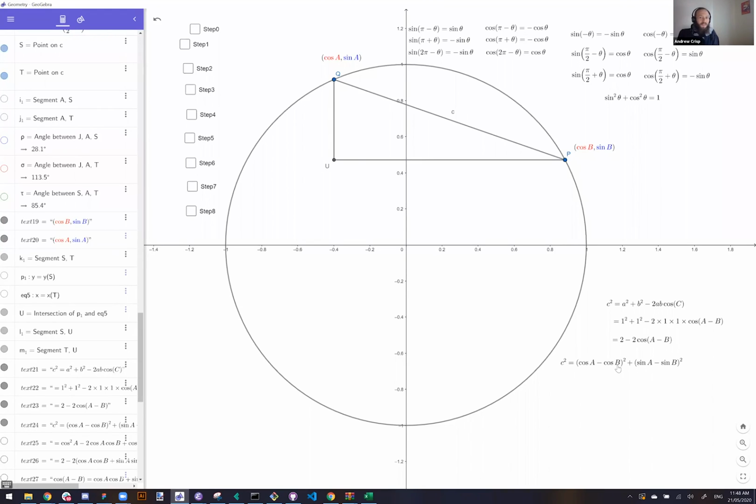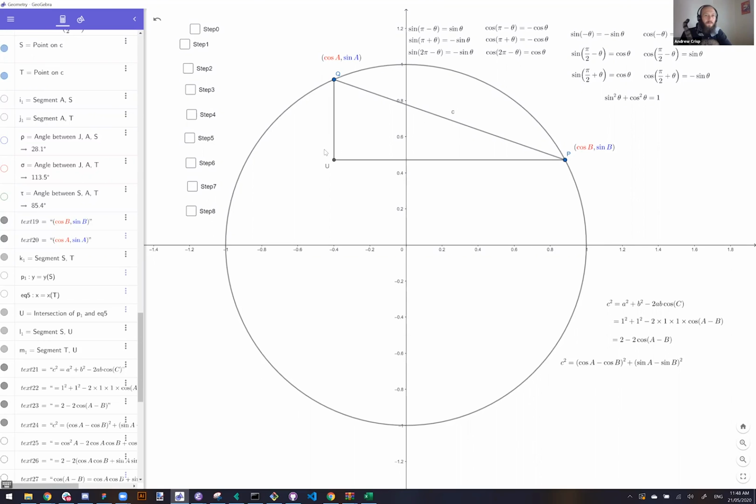It'd also work if I did cos B minus cos A, because I end up squaring it at the end. So this length here, from the x-axis to P is cos B, and from the x-axis to U is cos A. Putting those distances together gives me the length of this side, and then I square it.